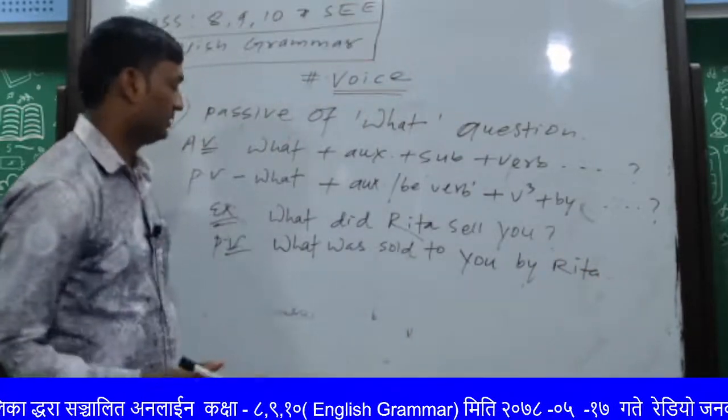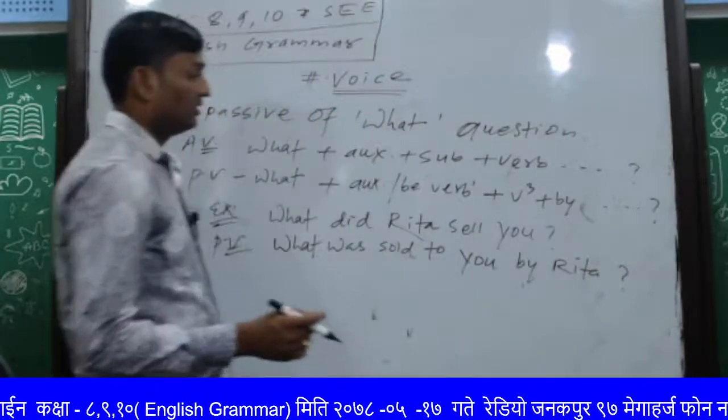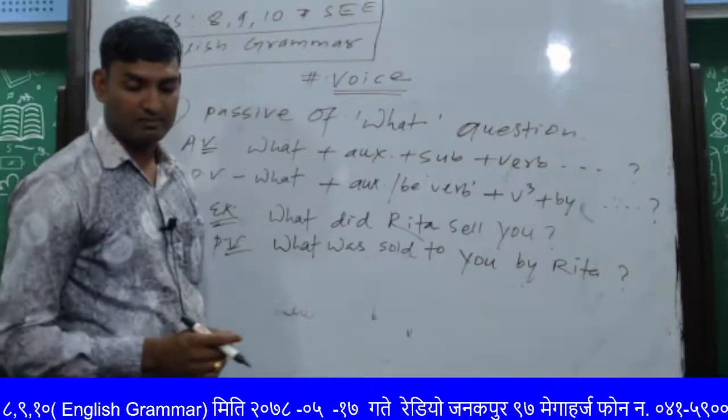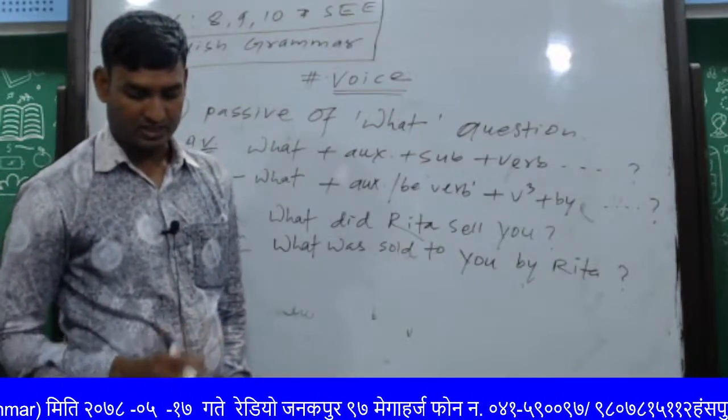In this way, and at last a question mark, because this is a "what" question. At the end of the sentence, the question mark is very necessary. So in this way we can change.